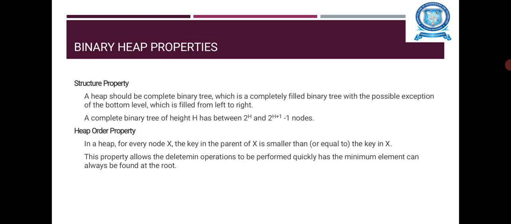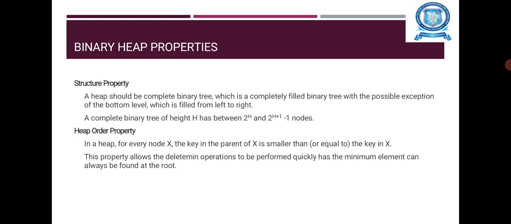The structure property means a heap should be a complete binary tree, which is completely filled with the possible exception of the bottom level, which is filled from left to right.